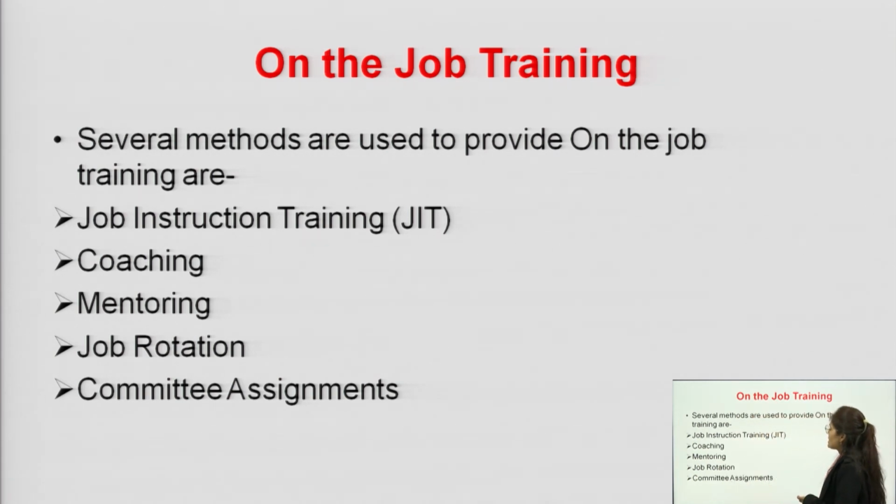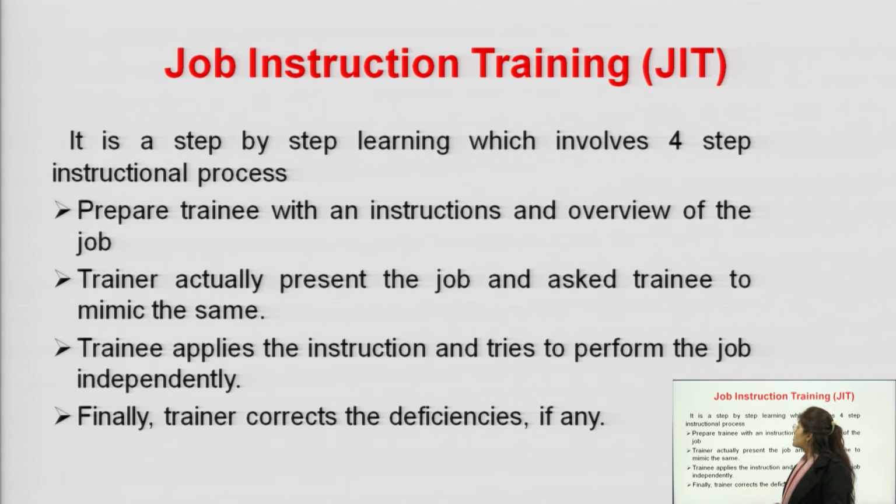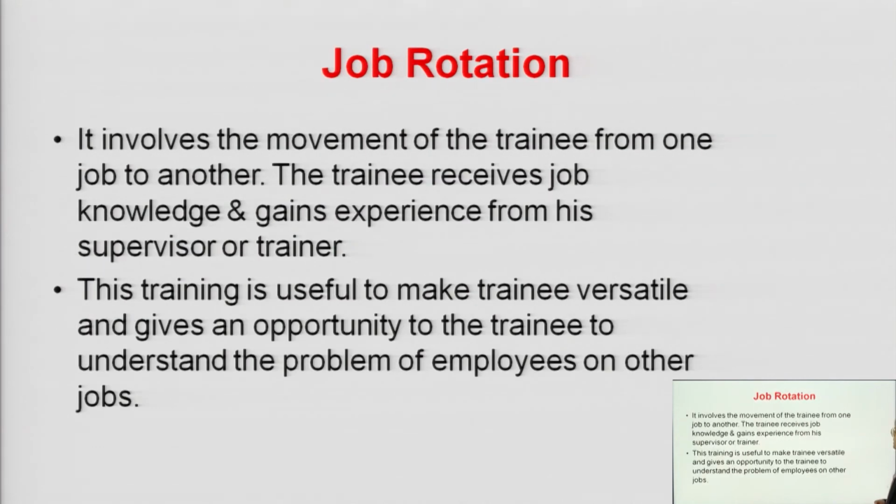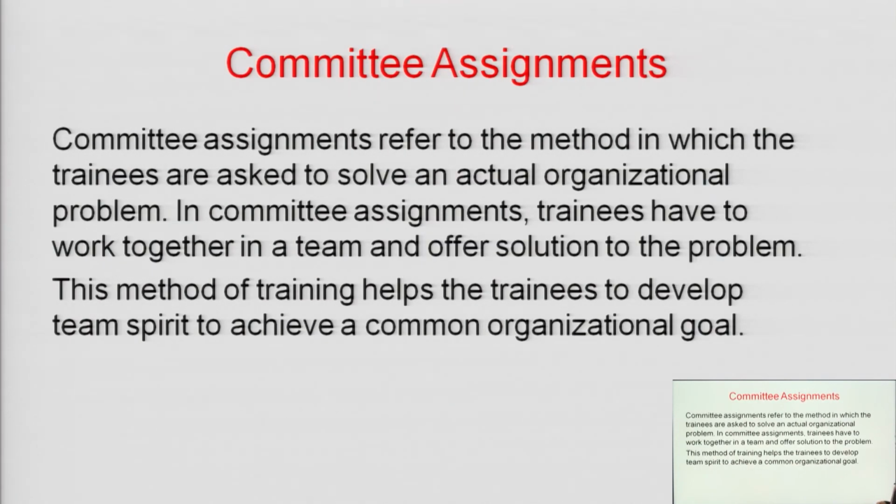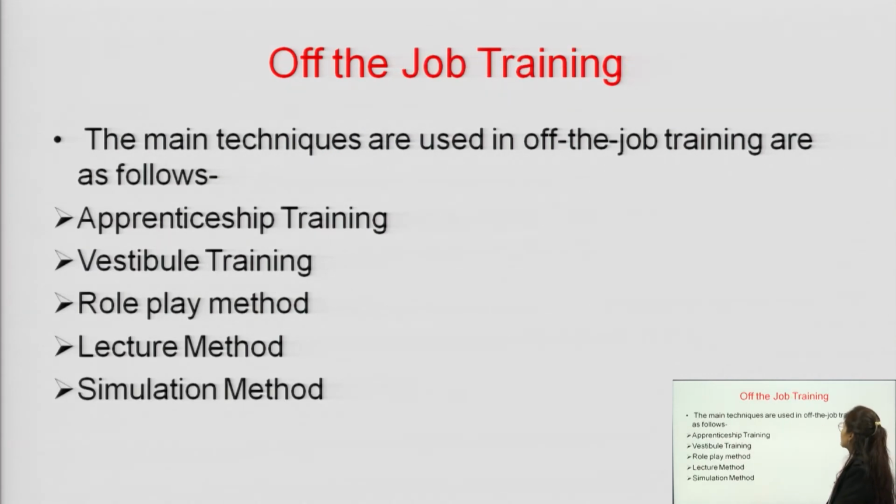Next one is committee assignments, where they give a small project to the trainees and collaborate them with the employees, so that they can learn how to work in a team, giving different ideas for different problems, and how to resolve problems. Of the on the job training, we have also discussed GIT, mentoring, job rotation and committee assignments.